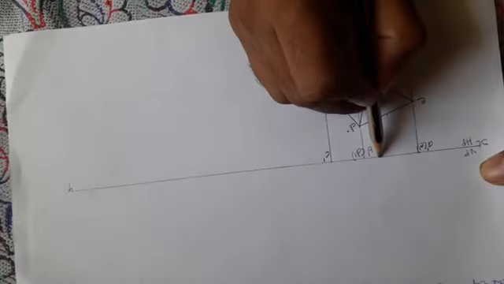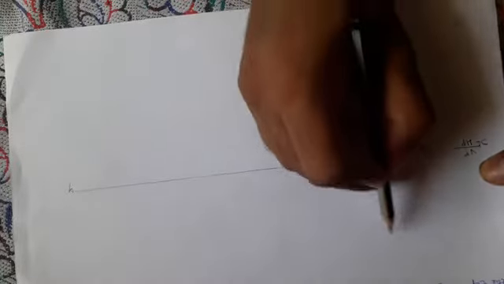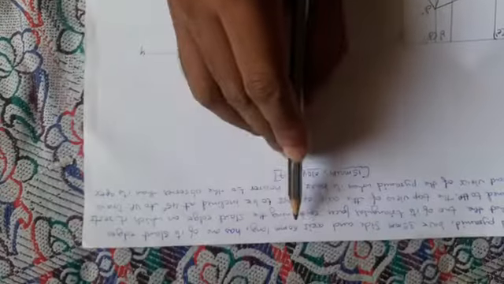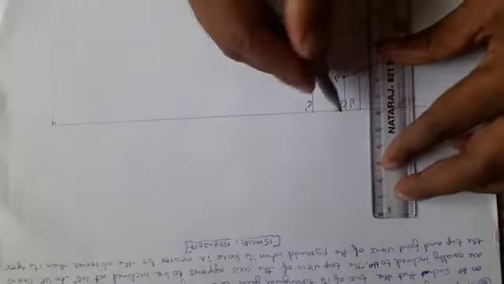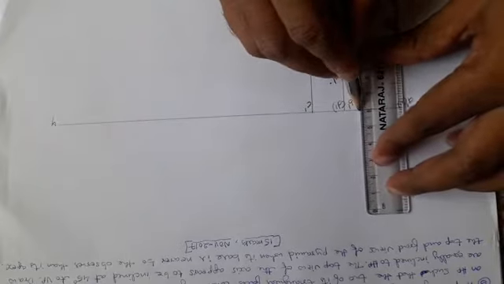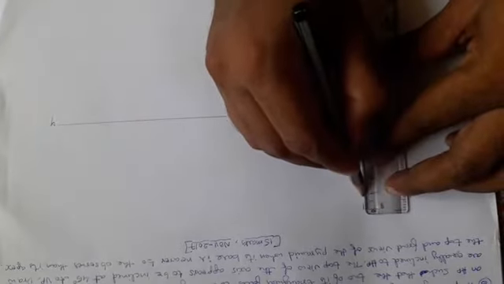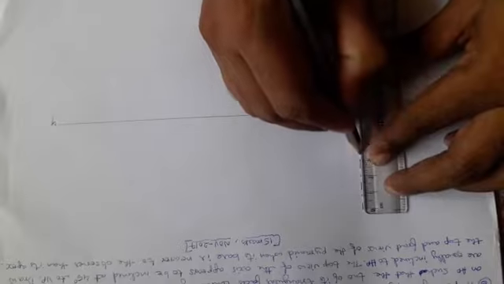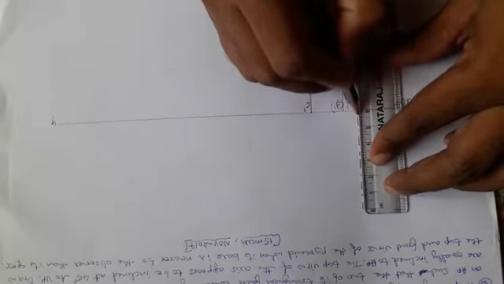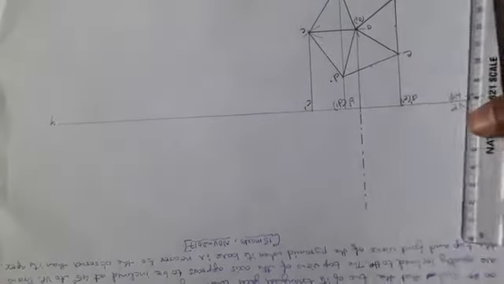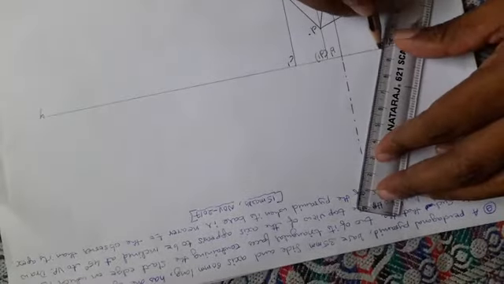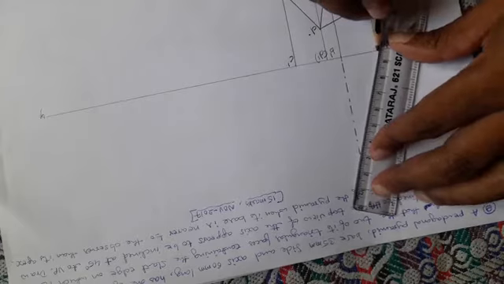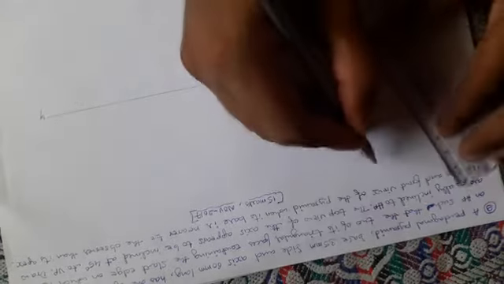From this center, the axis height is given, that is 60 mm. So this is the pentagonal pyramid. It is required to join the lines from all the corners to this point.